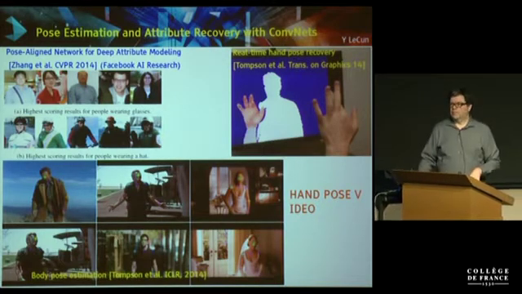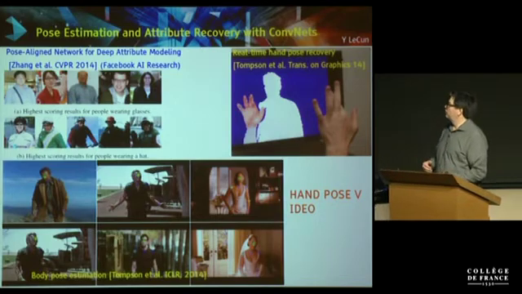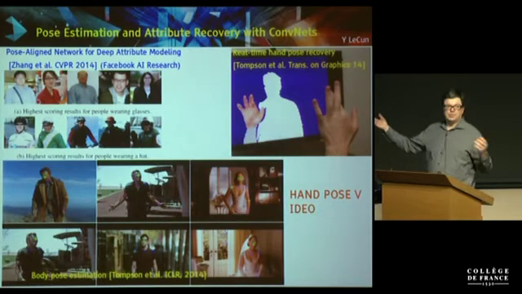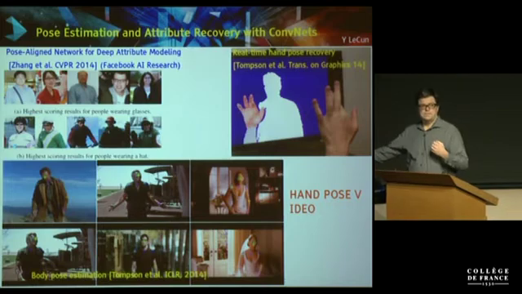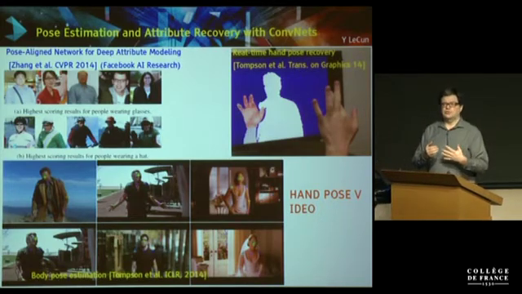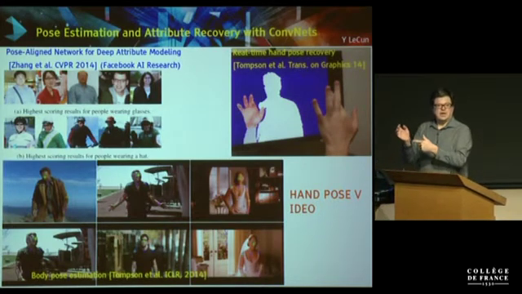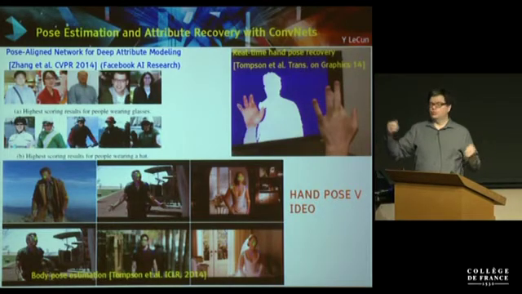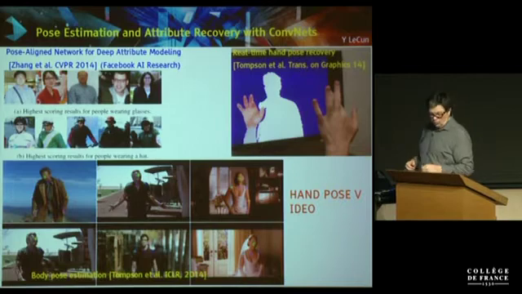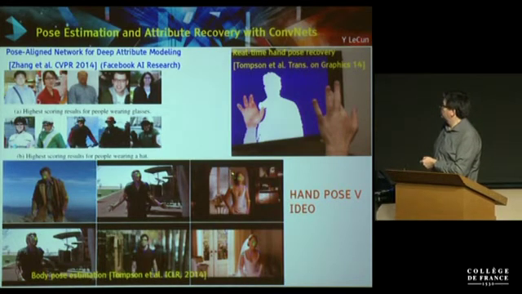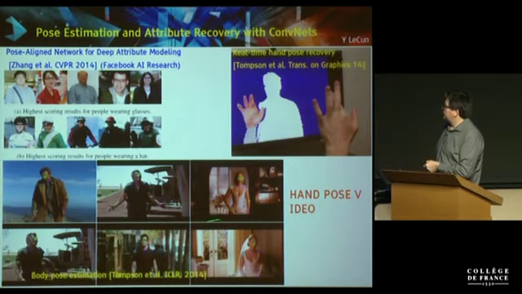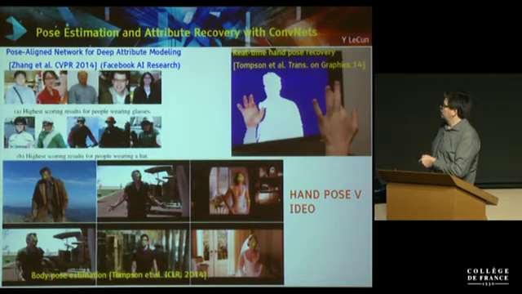Typically, this is what is used to solve a problem such as trying to identify the pose of a human body. You can train a convolutional network to detect the position of key points on the body. For example, the face, the shoulders, the wrist, and so on.